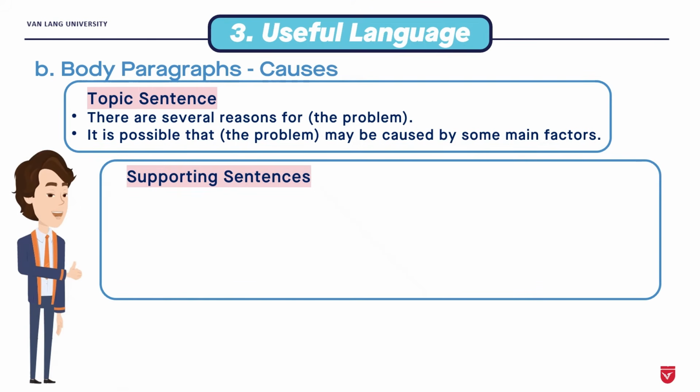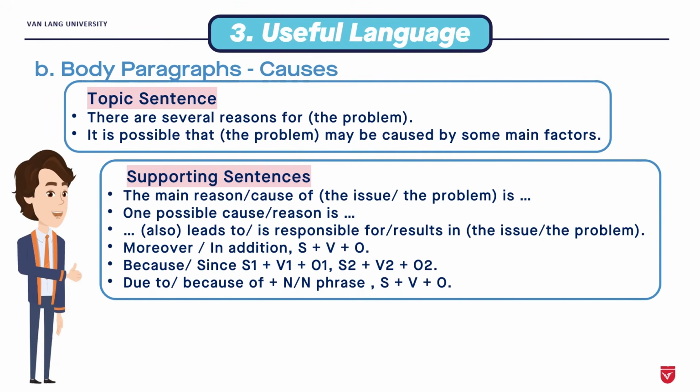The first one, the main reason or cause of the issue or the problem is. The second one, possible cause or reason is. The third one, something also leads to or is responsible for or results in the issue or the problem.